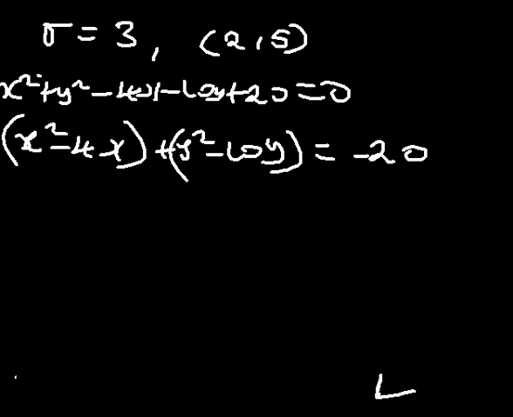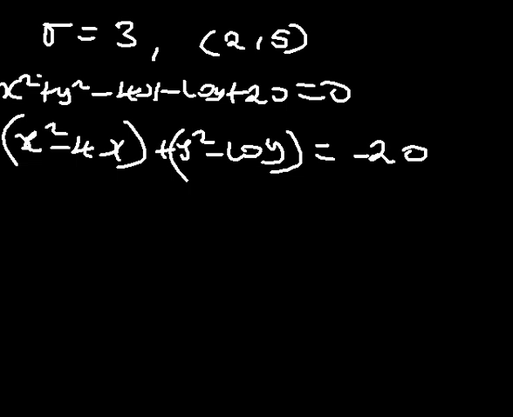Next, looking at the families that we have, the x family as well as the y family, let's try to recall what we discussed about completing the square of quadratic expressions. So you have to recall that one.